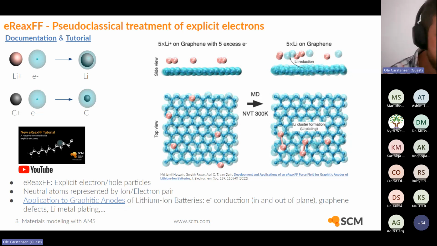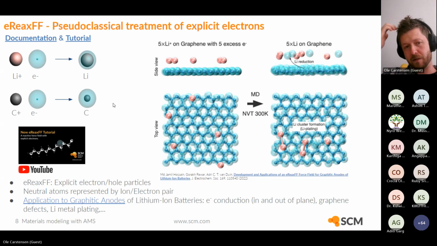The same is true for the carbon atoms in the simulation. We have a carbon ion and an electron, and a neutral carbon atom is formed by the pair of these two. This is the central difference in the setup of this calculation, I would say. And since you are treating the electrons explicitly, you are also able to view transfer of electrons between different components in this system.